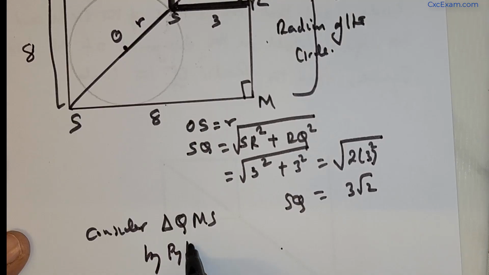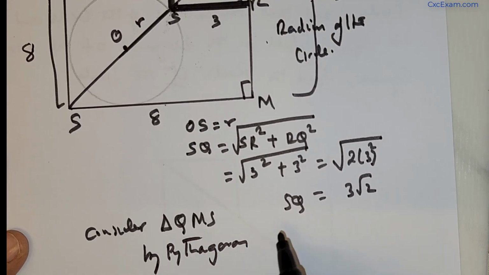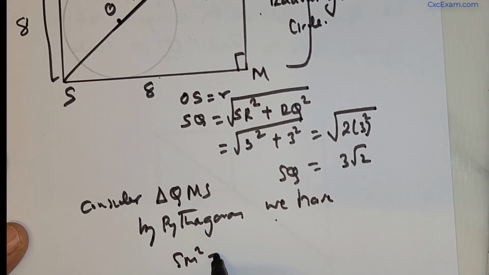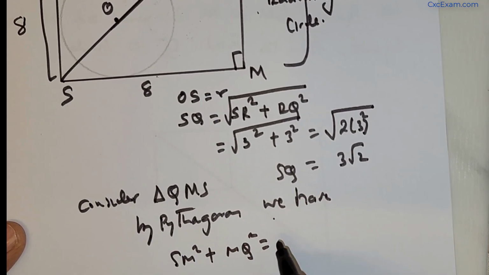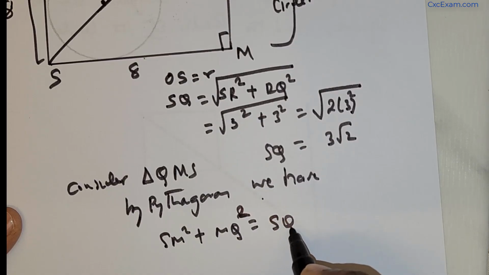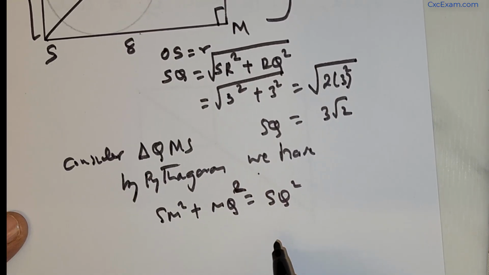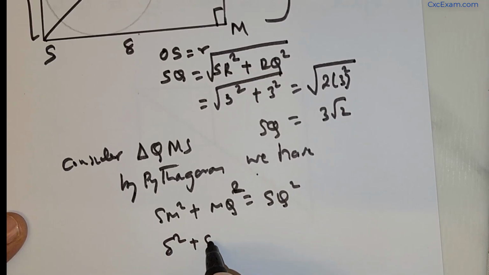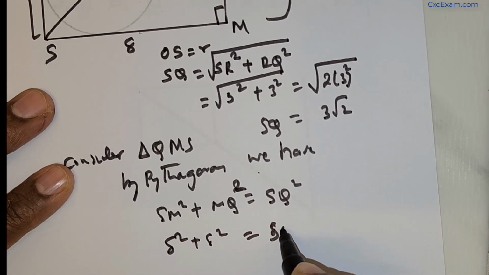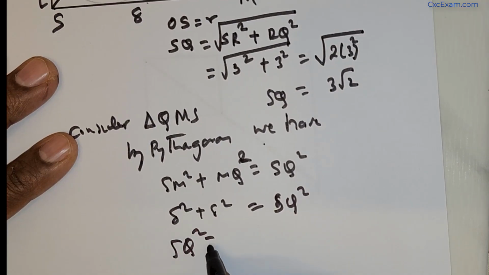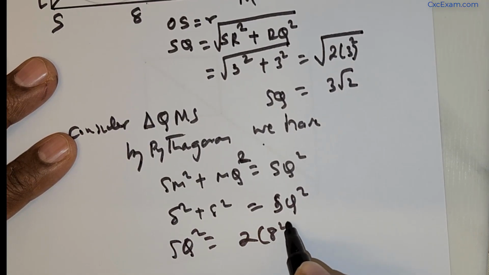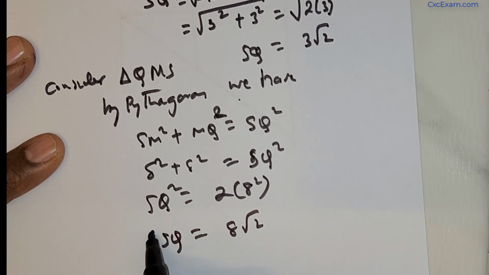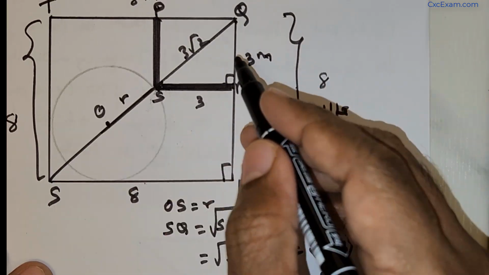So by Pythagoras law, we have, so what do we have? SM squared plus MQ squared is equal to SQ squared, right? So this is 8 squared plus 8 squared is equal to SQ squared. So SQ squared is equal to 2 times 8 squared. So that means 8 root 2 will be SQ. This is the length of the entire diagonal.